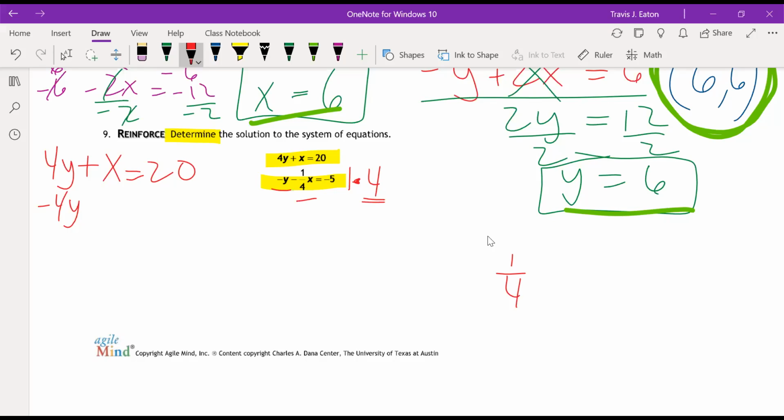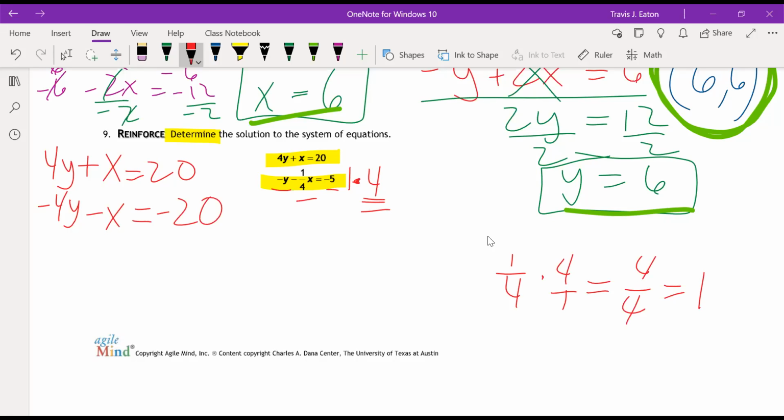You should remember, it works out pretty nicely. 1 times 4 is 4, 4 times 1 is 4, so you get 4 over 4, which is just 1. So this would be negative 1x, or just negative x. And negative 5 times 4 is negative 20.